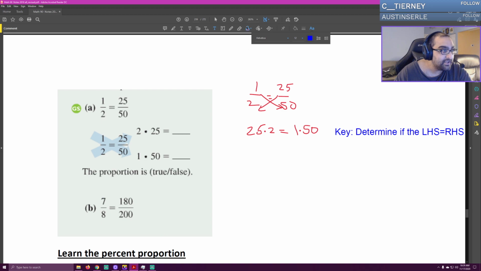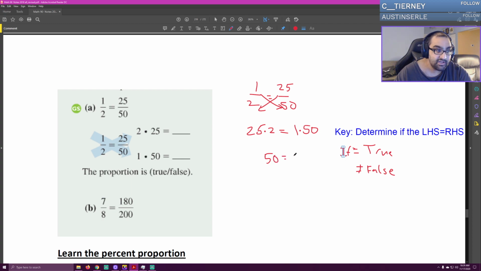If the left-hand side equals the right-hand side, then it's true. So if equal, then true. If not equal, then false. So we have 25 times 2 here. That's going to be 50.